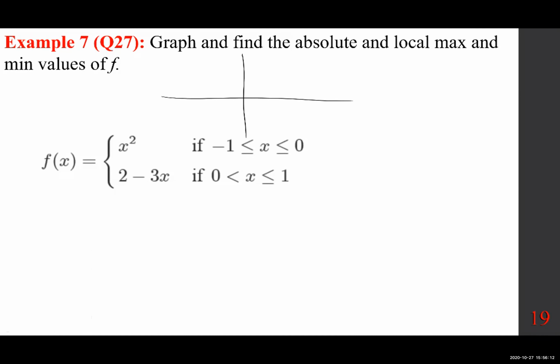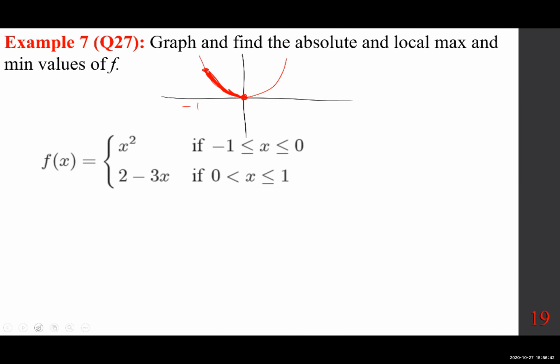Y equals x squared is like this, right? But the only portion which is good, remember, goes from -1 to 0. So it goes from here, let's say this is -1, to here. The rest is no good. Only this portion, okay? That would be the first part.